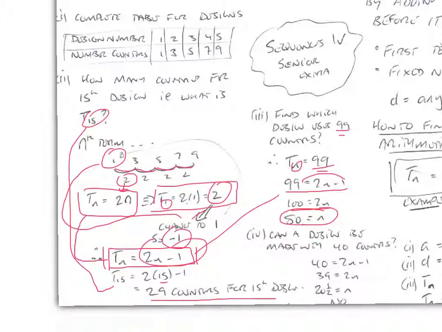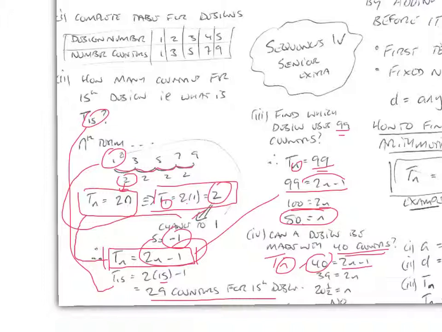Can we make a design with 40 counters? Well, that's telling us that there is a term in the sequence equal to 40. Is that possible? Well, let's see. We let that 40 be our Tn value, and we're looking to find what position it's going to be.